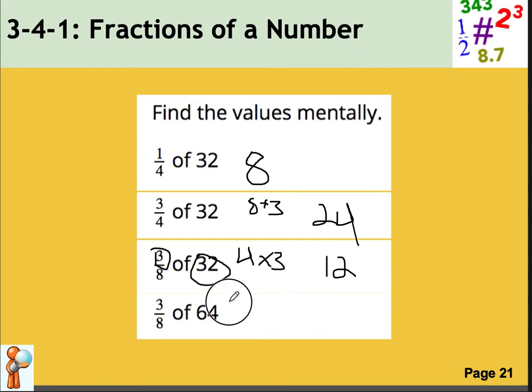So I know that 1/8 is 8, because 8 times 8 is 64. So I have 8 times 3. And that is 24. All right. Practicing these mentally will really help you. So please make sure you take the time to do that.